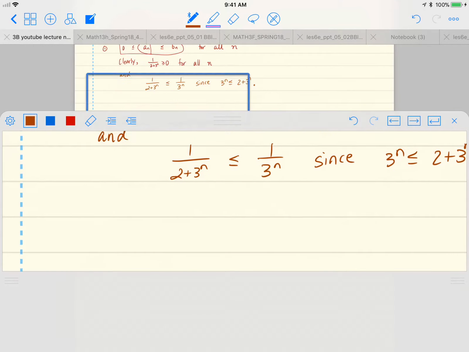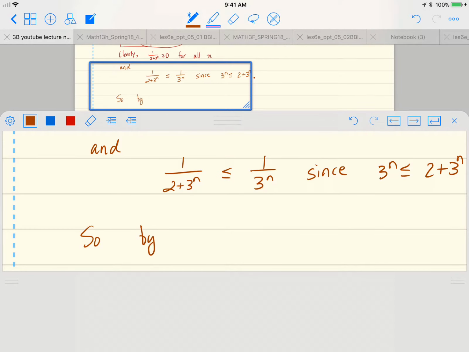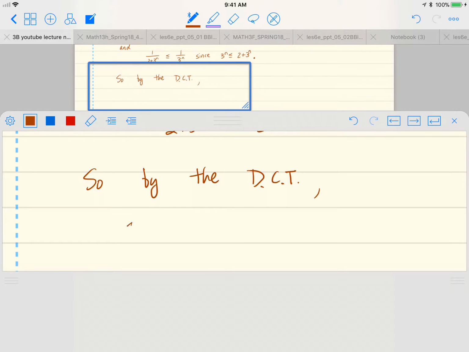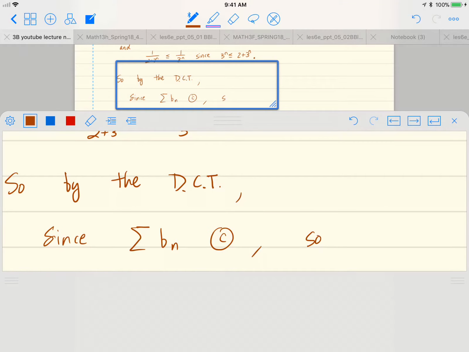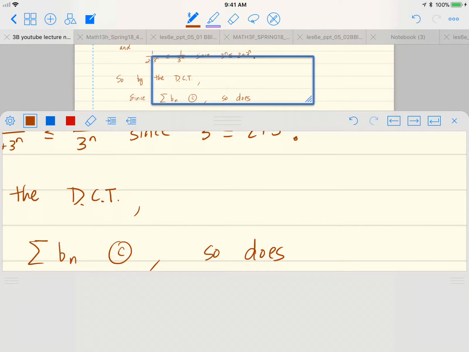Okay, so by the direct comparison test, since the sum of b sub n converges, so does the series where the terms are a sub n.